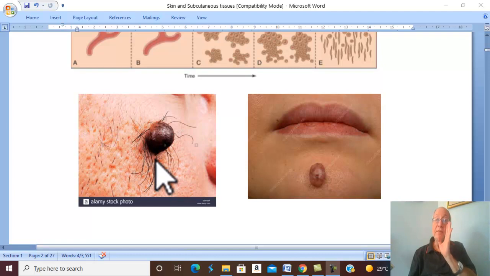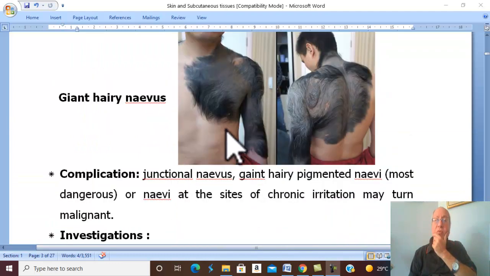Rarely, this type shows extensive proliferation of melanocytes in a wide area, leading to this. What is this? This is called giant hairy nevus. This is a compound nevus.